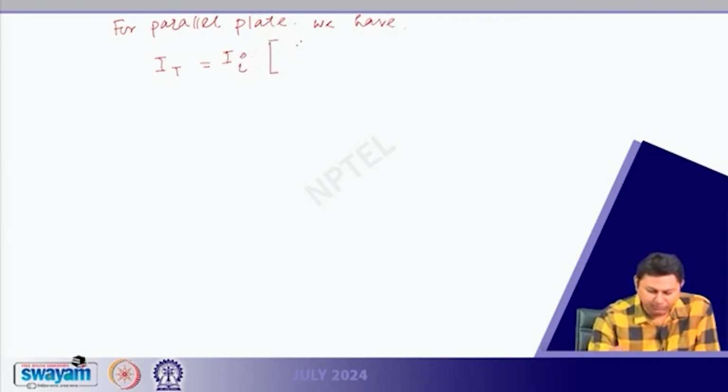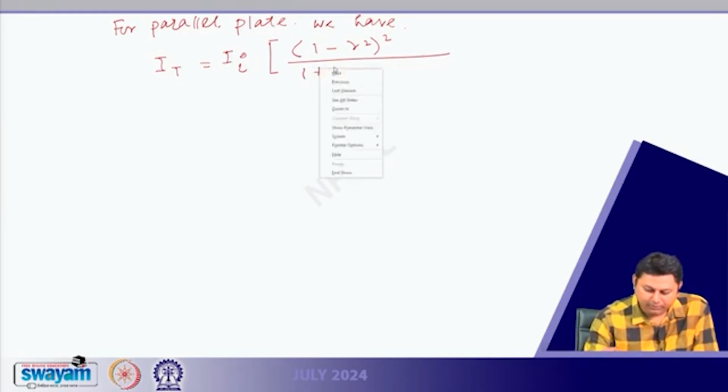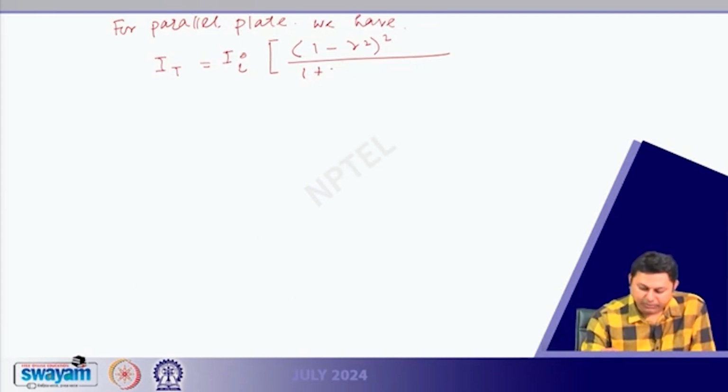This is the general form we derived. Plus r to the power 4 minus 2 r square cos of delta. That is the expression we already had.